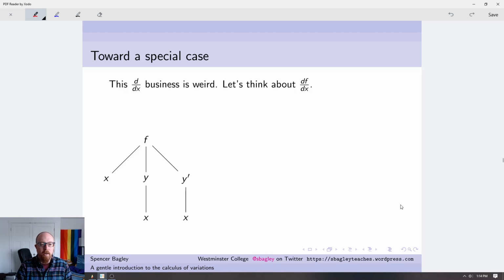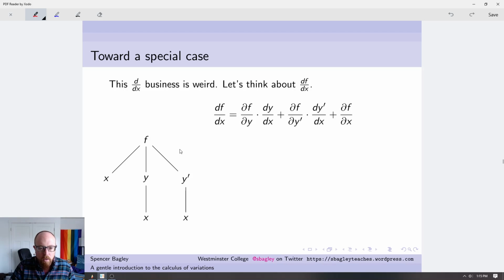And so here again is this tree diagram. It looks very similar to the one we drew before, but this time we're looking at the dependencies on x instead of on a. So f depends directly on x. And it also depends indirectly on x through its dependence on y and on y prime. And so if we hit this diagram with the chain rule, we get the following.